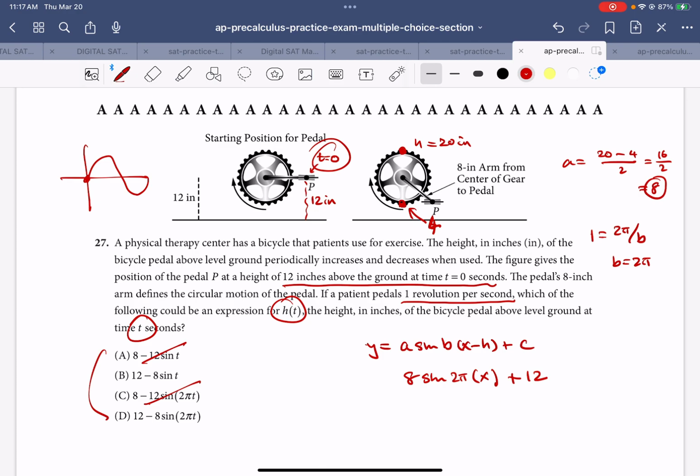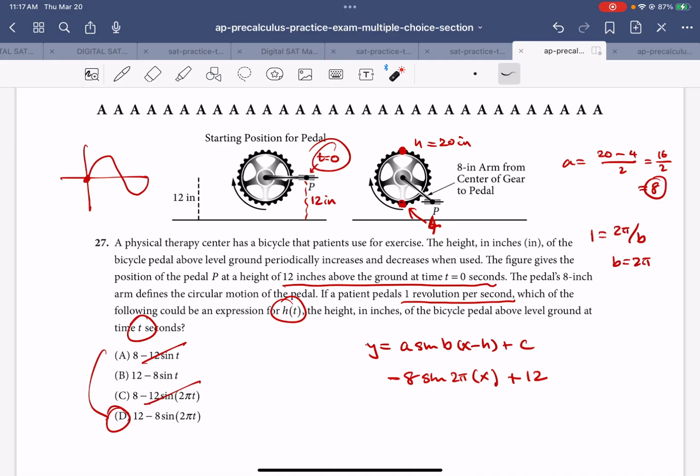Okay, but why should the answer be D then? Why is there a negative here? Because we know that your height initially was 12 inches, but the pedal is going in this direction, going down, so your y value, the height, will be going down.